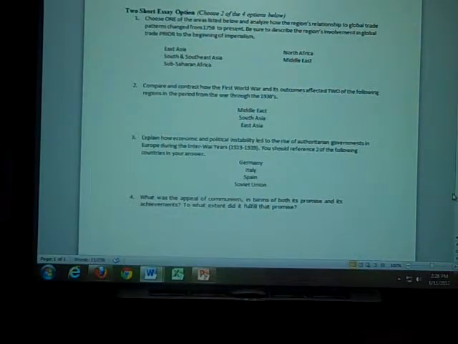The 3 is why was the economic and political situation ripe for some sort of rebellion. 4 is talking about why would people actually choose communism in terms of its promises, in terms of what it actually achieved for the short time it was in place within the Soviet Union, the Eastern Bloc.